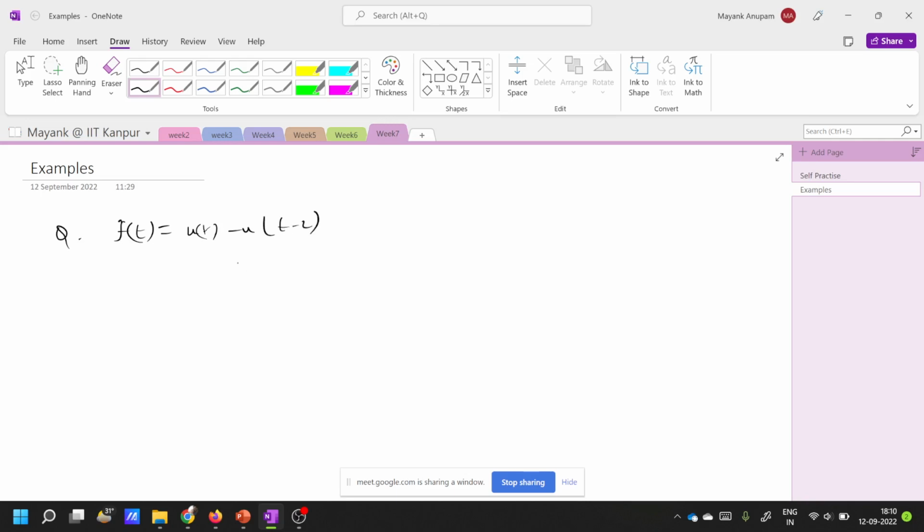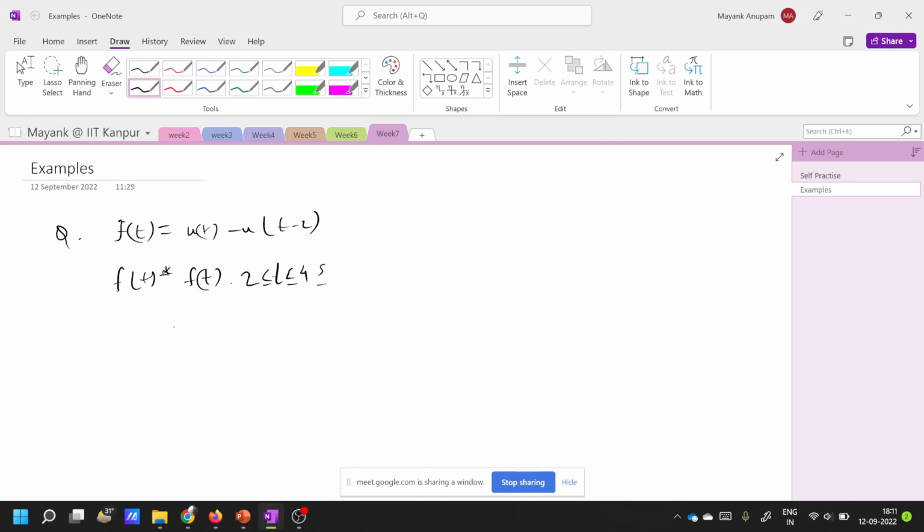And you have to find f of t convolved with f of t, for t between 2 to 4 seconds, right? So how should I proceed?